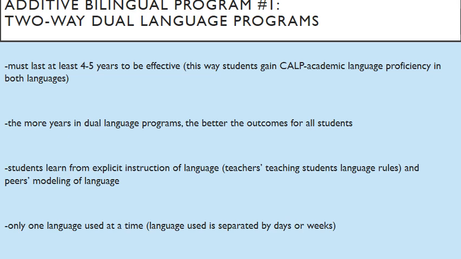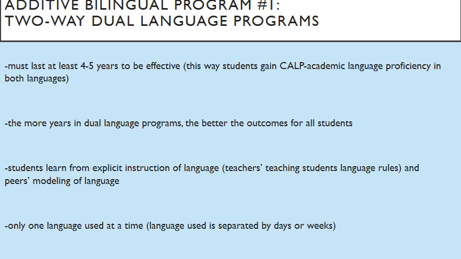Only one language is used at a time during the instruction, so there won't be a lot of back and forth on purpose. Sometimes students will naturally code mix or code switch, and that's normal. However, the teacher will make a point to speak only one language at a time. So the teacher won't be going back and forth to translate between each core content subject.